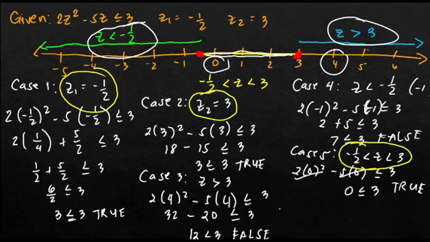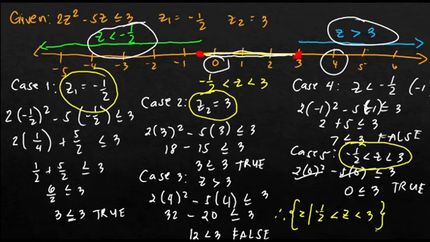So, pag kukunin natin yung interval ng solution niyan, solution set, z such that, kopyahin natin itong case 5 kasi nag-satisfy siya. z is less than 3 but greater than negative 1 half.